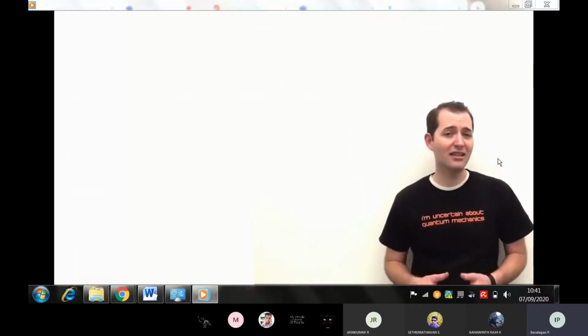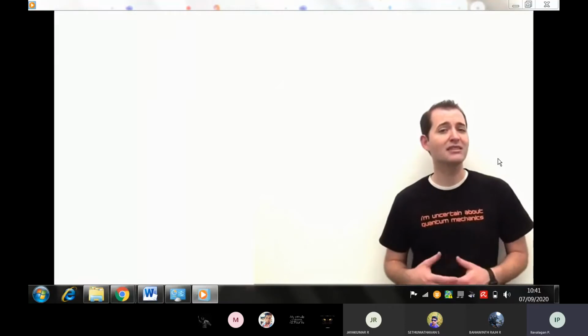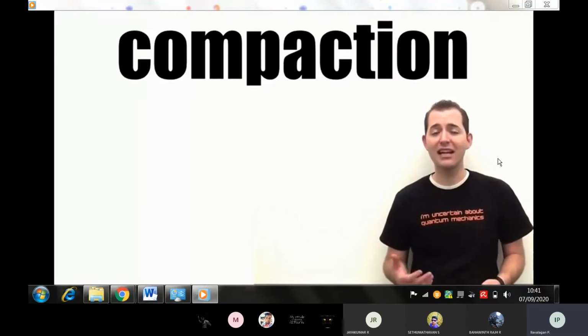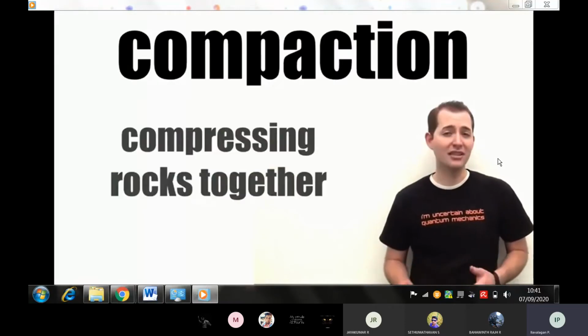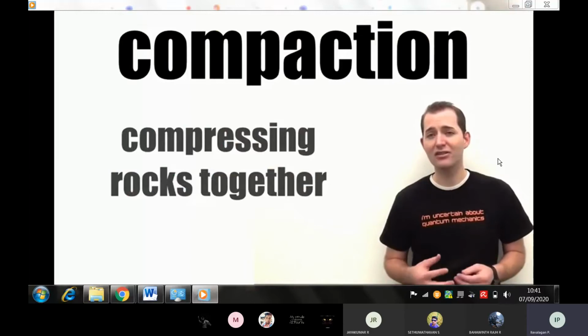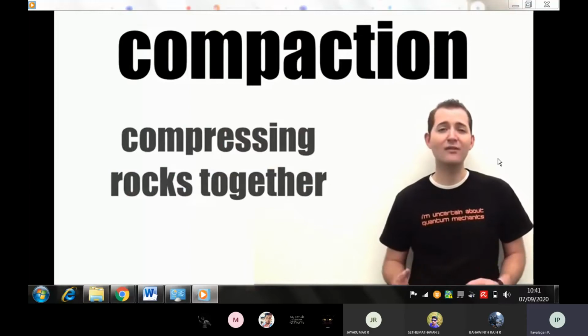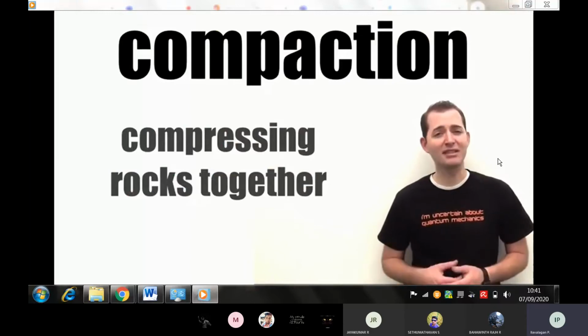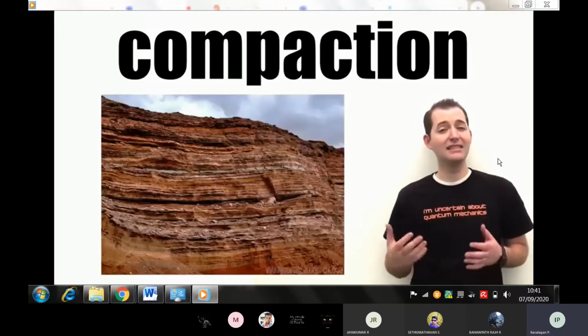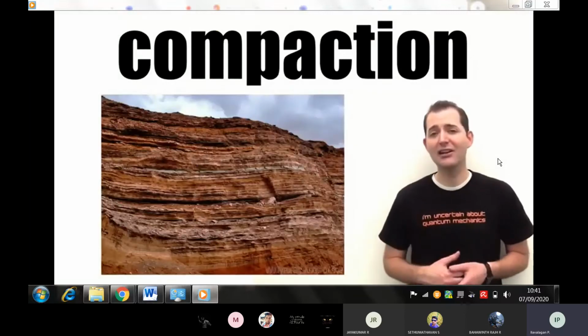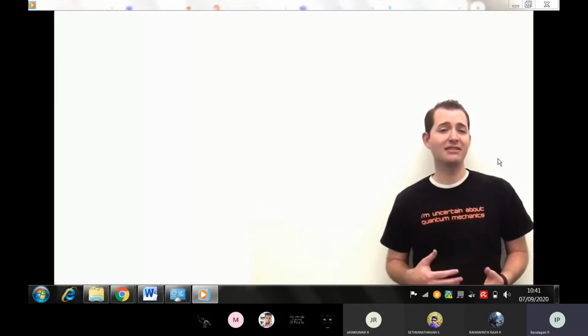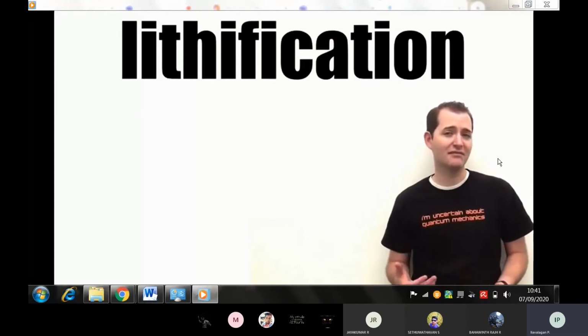Over the years, as more and more rocks or clasts are deposited, we get the fourth step, which is compaction. As these layers pile up, the rocks underneath become compacted closer and closer together. This removes a lot of the space that's between these pieces of rock. And this is done as more and more weight is layered on top of the rock. This brings us to our fifth and final step, which is lithification.